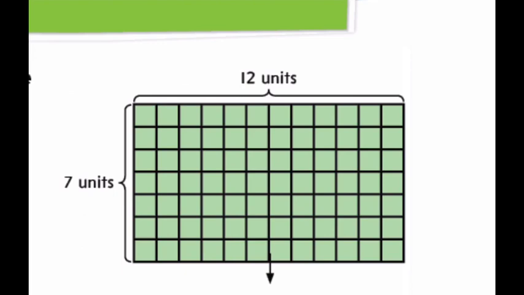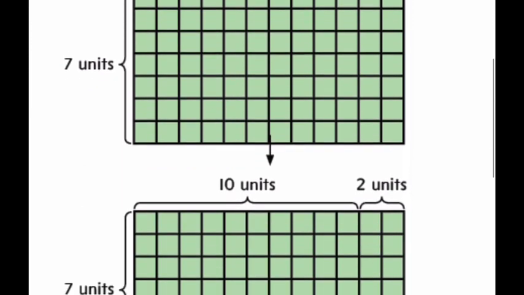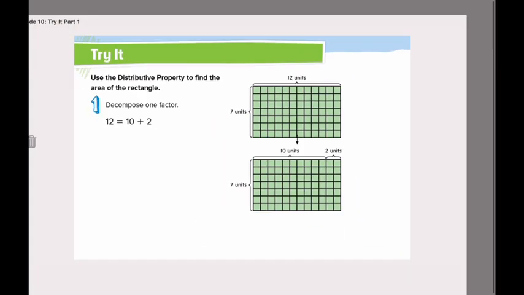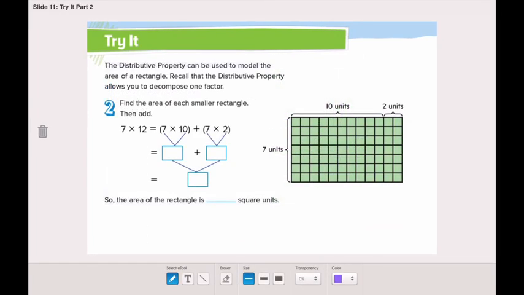So we will decompose the 12 into 10 and 2. Now let's use the distributive property to find the answer. Again, 7 multiplied by 12, that's our bigger rectangle. We will decompose 12 into 10 and 2.